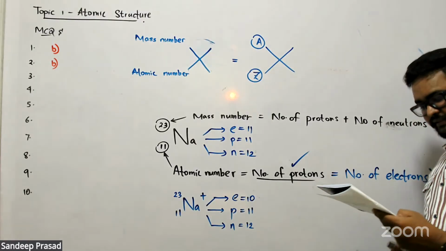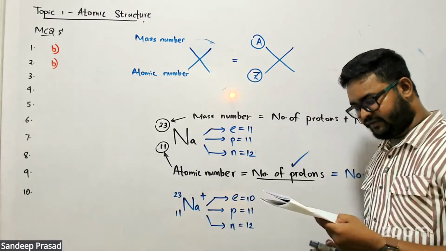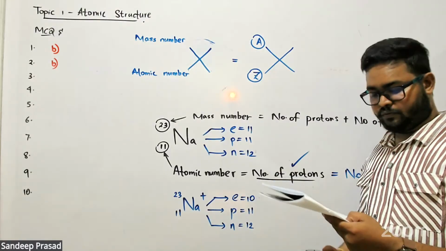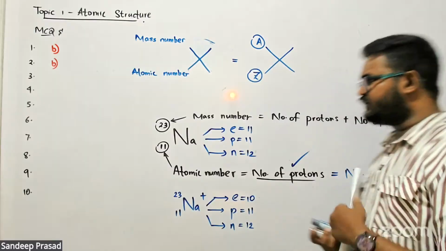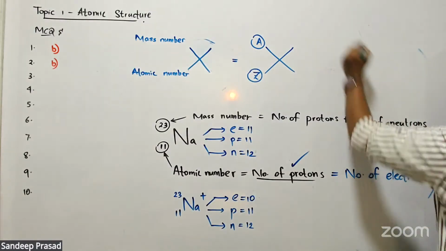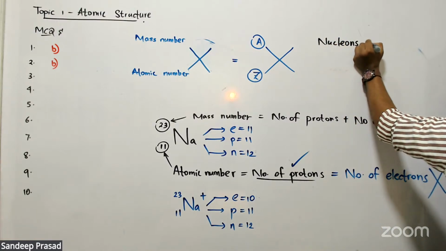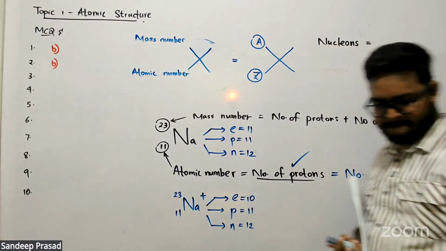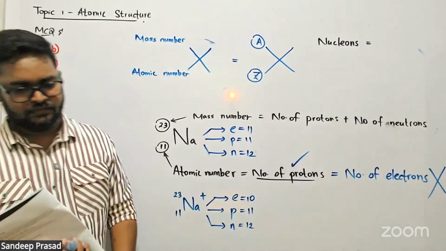Right, okay. Then the atomic number represents number of neutrons, number of electrons, number of protons, number of nucleons. Students, what does nucleons mean? Right, we have to learn something there also. Anyone?